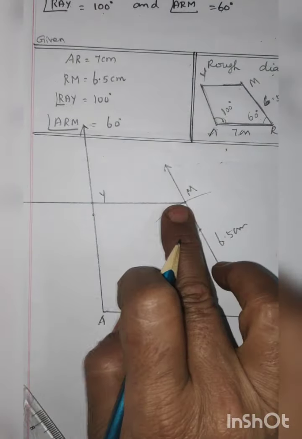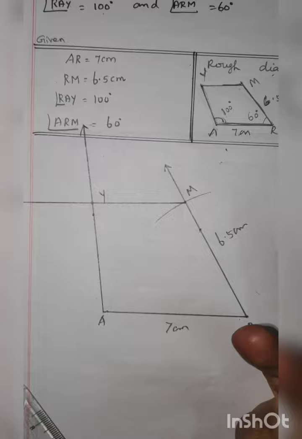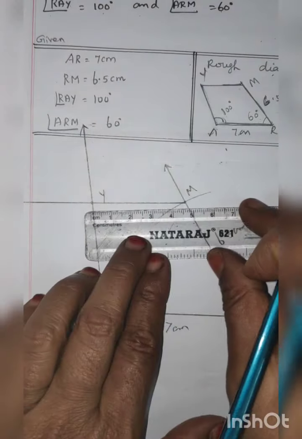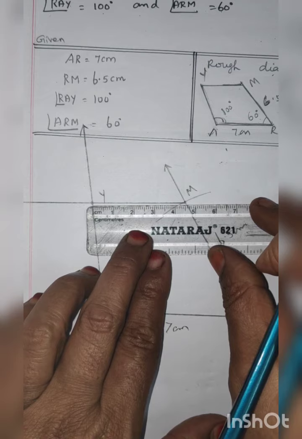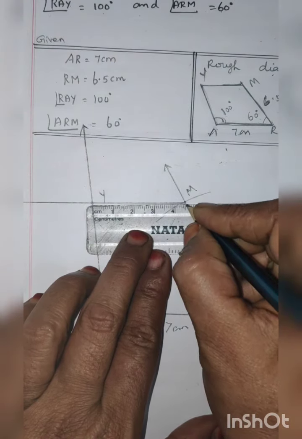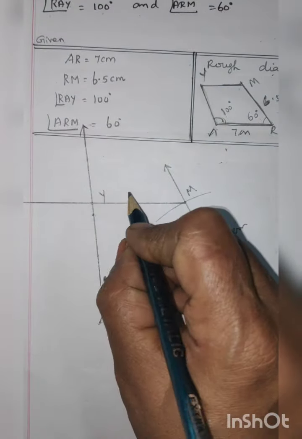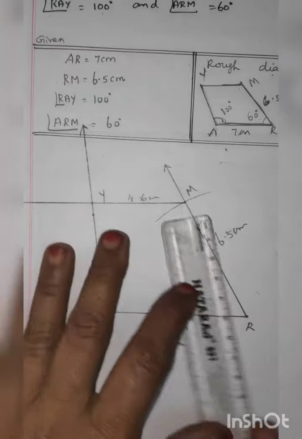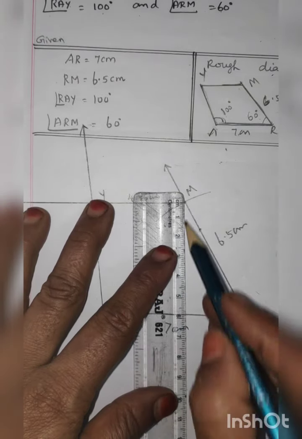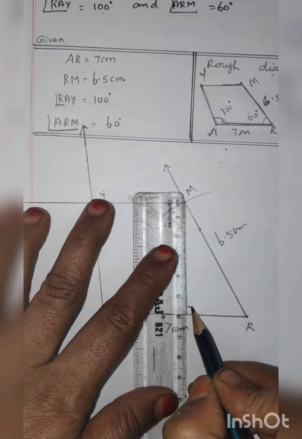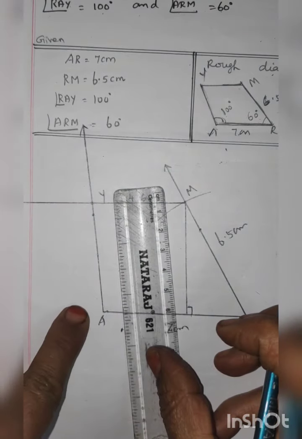Now here, YM equal to how many centimeters, we don't know. So you measure with the scale. 4.6 centimeter. How many centimeters? 4.5, 4.6 centimeter, right. 4.6 centimeter. Now the straight perpendicular line, height, we want to find. This side you draw now. Drawing this side means it comes outside.